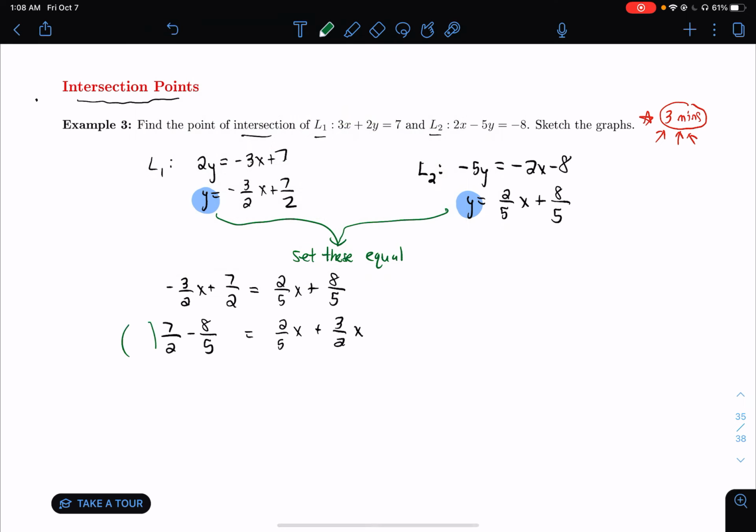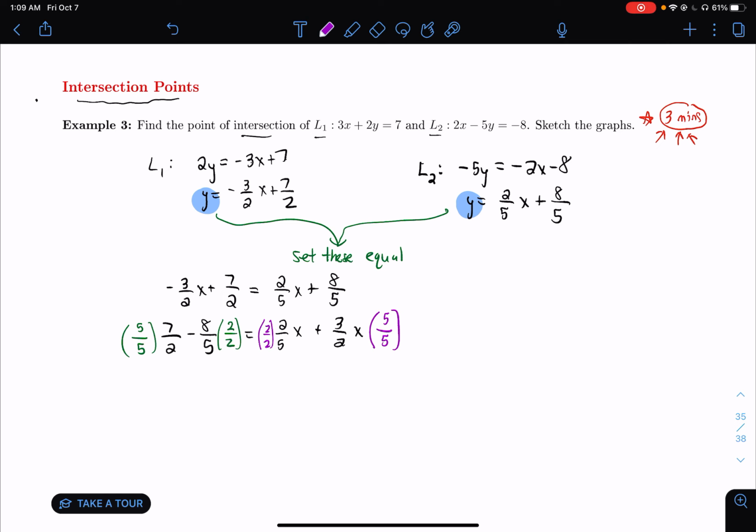For this first fraction, I have to multiply it top and bottom by 5 over 5, the other denominator. The second fraction, I multiply top and bottom by 2 over 2, the first denominator. Similarly on the other side: the first fraction, multiply top and bottom by 2 over 2, and the second fraction, multiply top and bottom by 5 over 5.